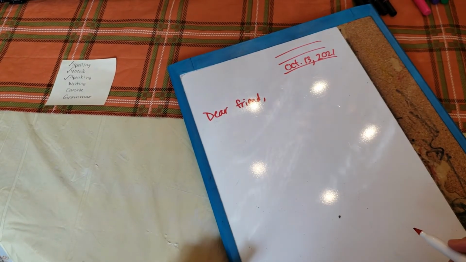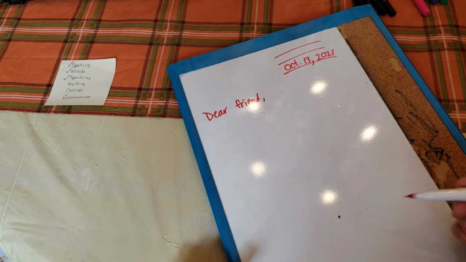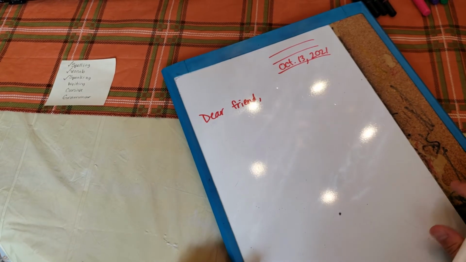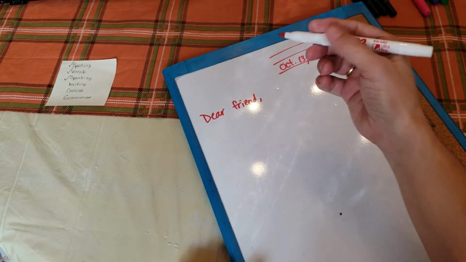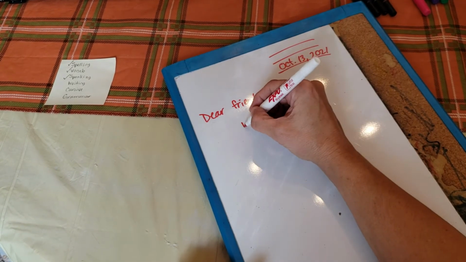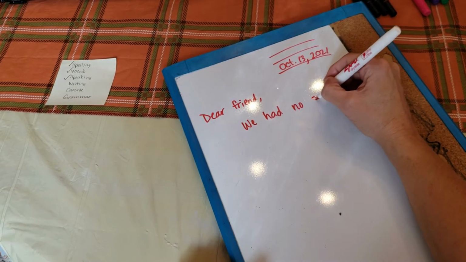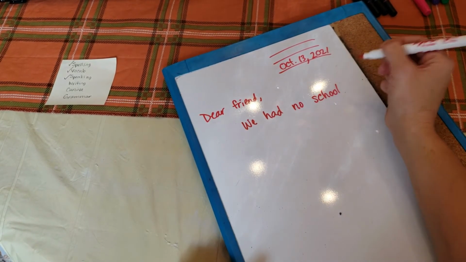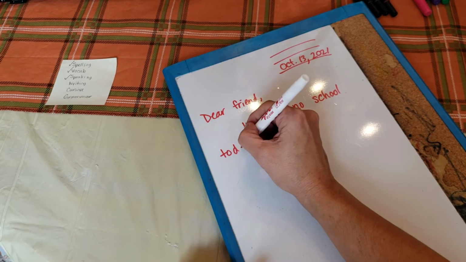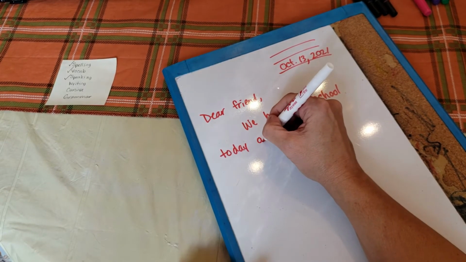All right. And then write something else down here, like, let's say that we're writing to dear friend. Yeah, let's talk about we had no school today. We had no school today at HeartStrong.